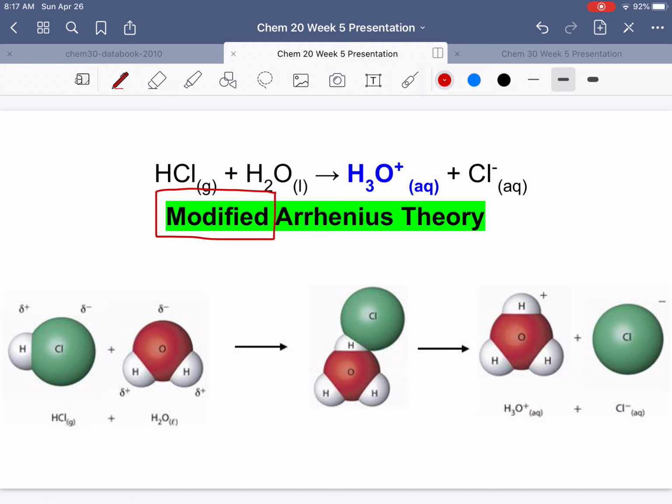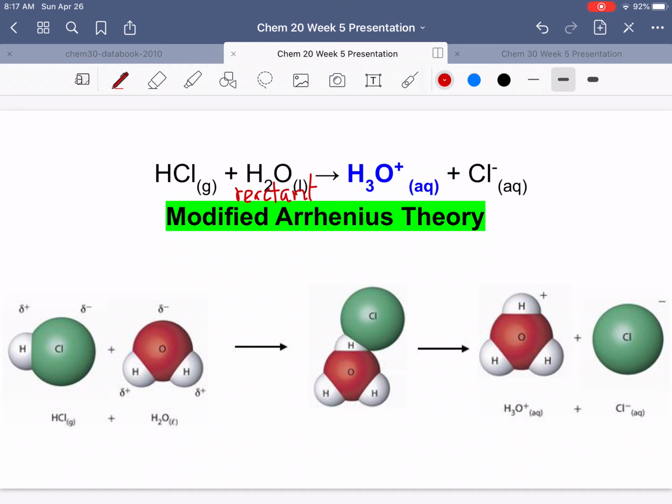Acids no longer ionize to simply form H plus ion. Instead, acids now react with water. And that's really key because that's language we haven't particularly been using up to this point. So water is a reactant with the acid.